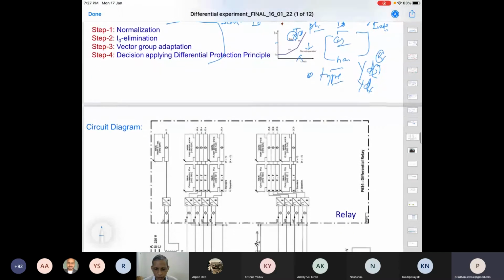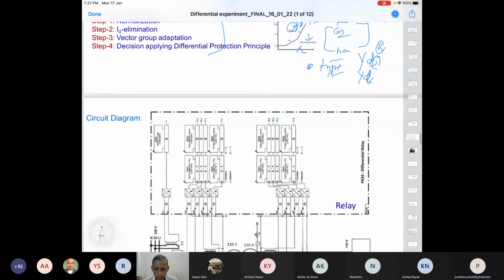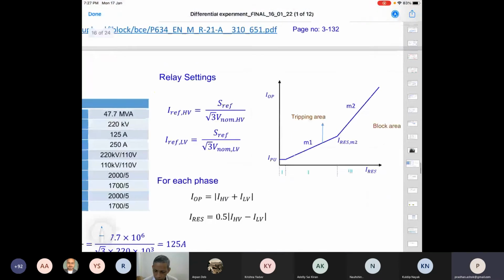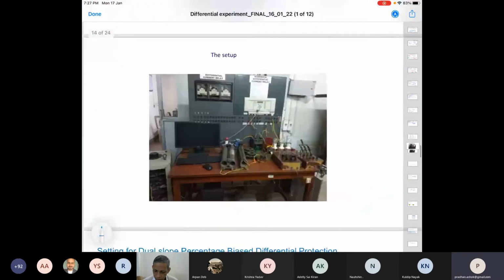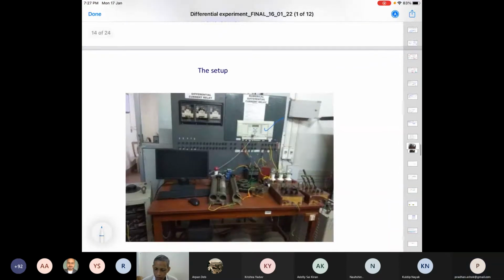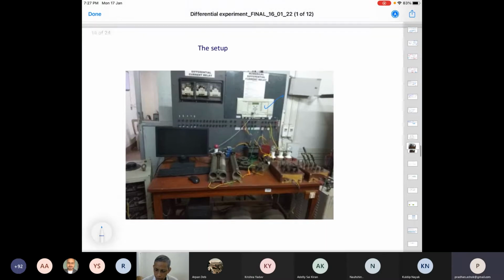Fine. Coming to our experimental perspective, we have this setup here. This is the relay. These are the set of transformers kept here, and then we have the corresponding load. Some loads are also there to increase the through current.